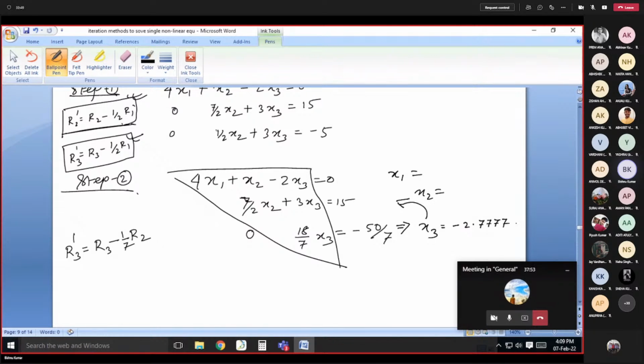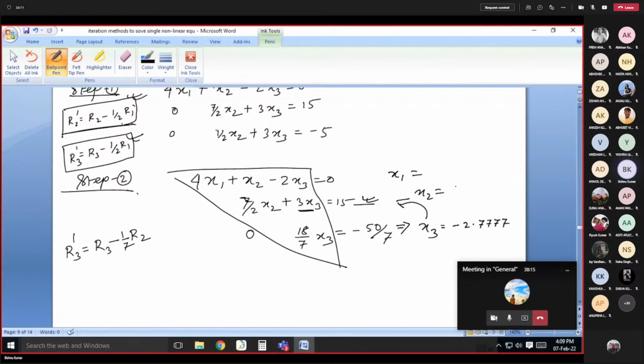2.777, like that. And if you use the x3 value in the second last equation, you will get x2. Bring the right hand side and calculate the numerical value, divide by 7 by 2.